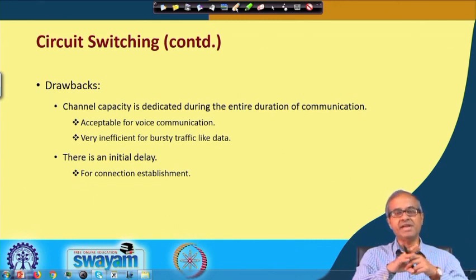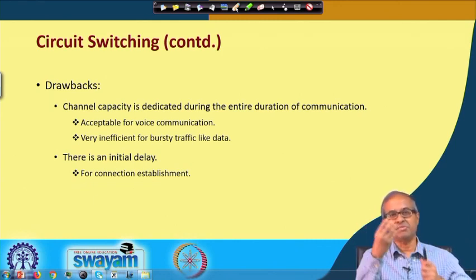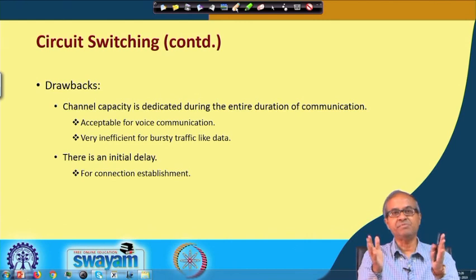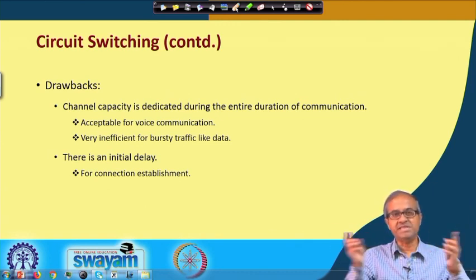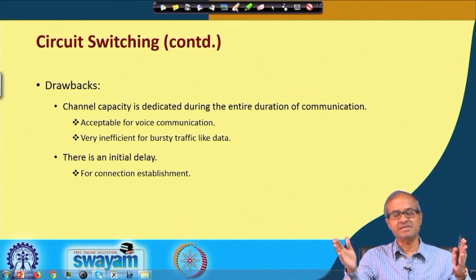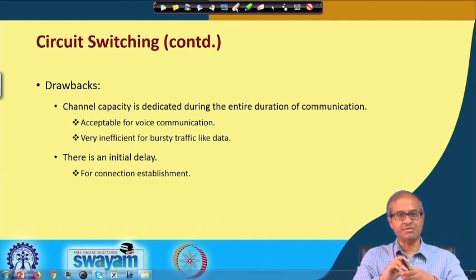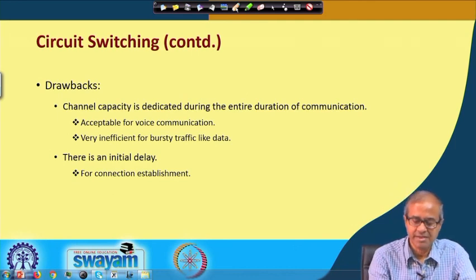Usually computer data are bursty in nature. Sometimes there is a lot of data and there is a period where there is no data. Sometimes again there is a lot of data flowing, sometimes again there is no data. So, if you reserve the channel for the entire period, your average channel utilization may not be that good. This is the drawback. Okay?